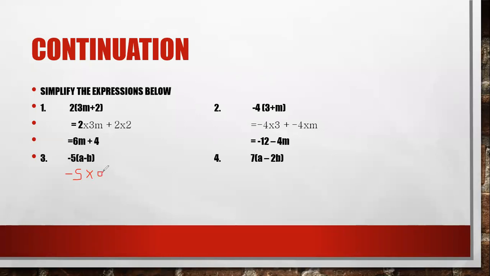The answer will be -5A plus 5B. Thank you, but please, who was that? Tessa. Tessa, as you're telling us that a negative times a negative, you have to show that in your working. Don't just make it disappear.